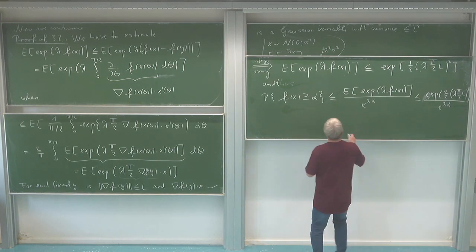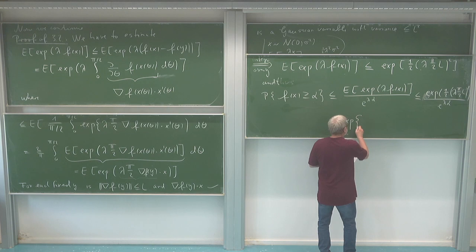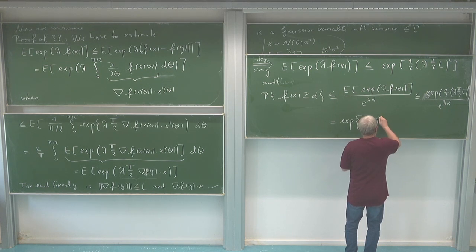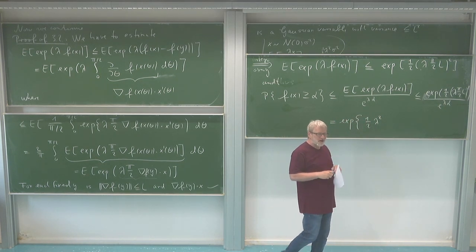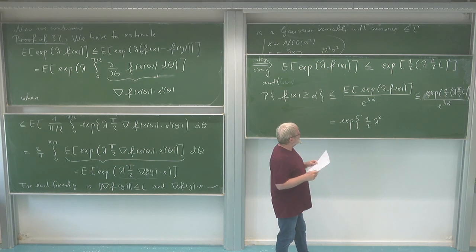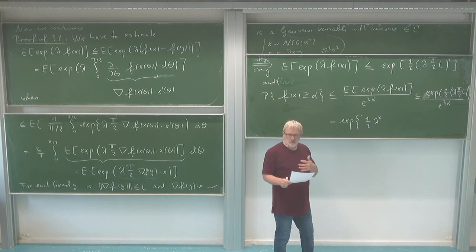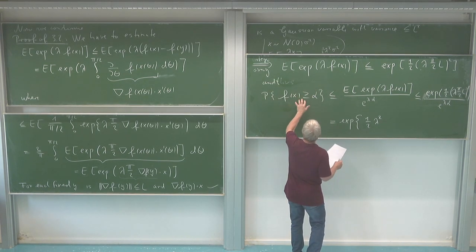Or maybe this is of course now the exponential of 1/2. Let me take out the lambda squared, because lambda is now the variable which I want to optimize. This is true for all lambda bigger than 0, and I want to optimize now. I'm free to choose a lambda, because of course lambda does not show up on this side here.